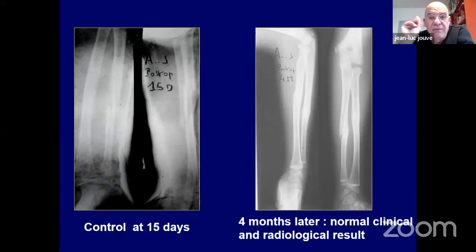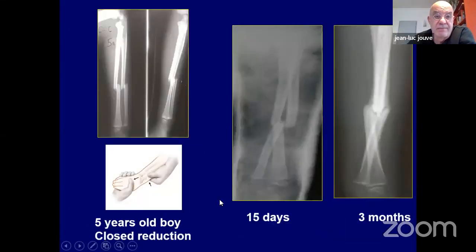But if there is any secondary displacement, if you have any doubt concerning the stability, don't hesitate to do conversion to surgery.